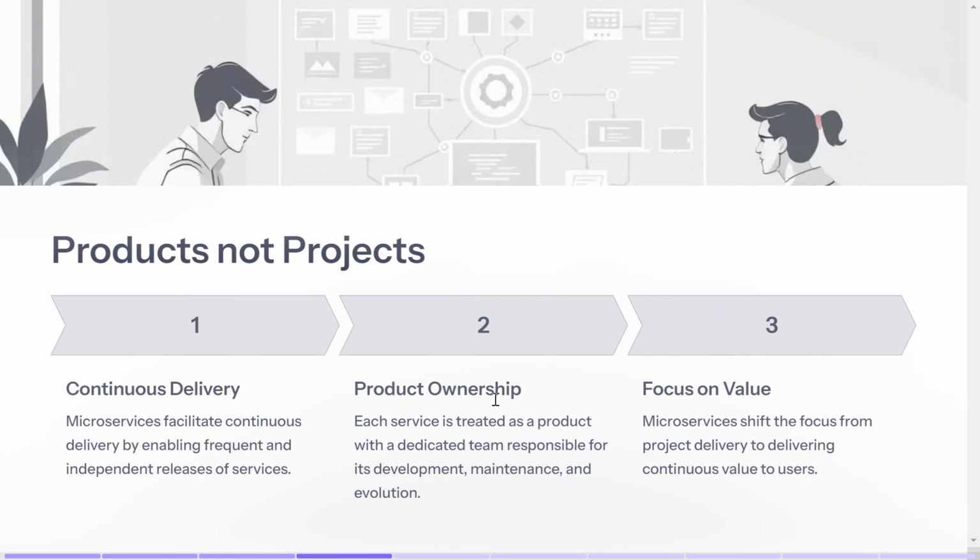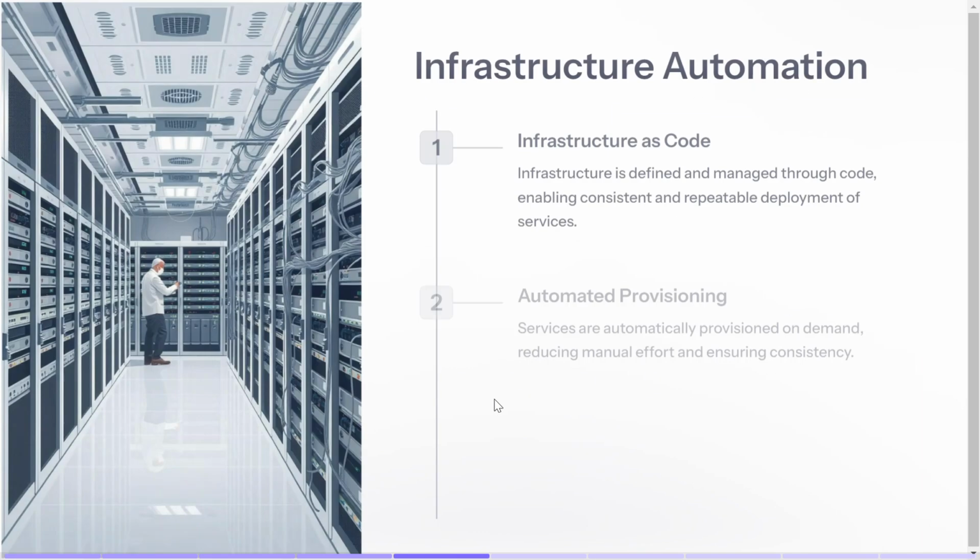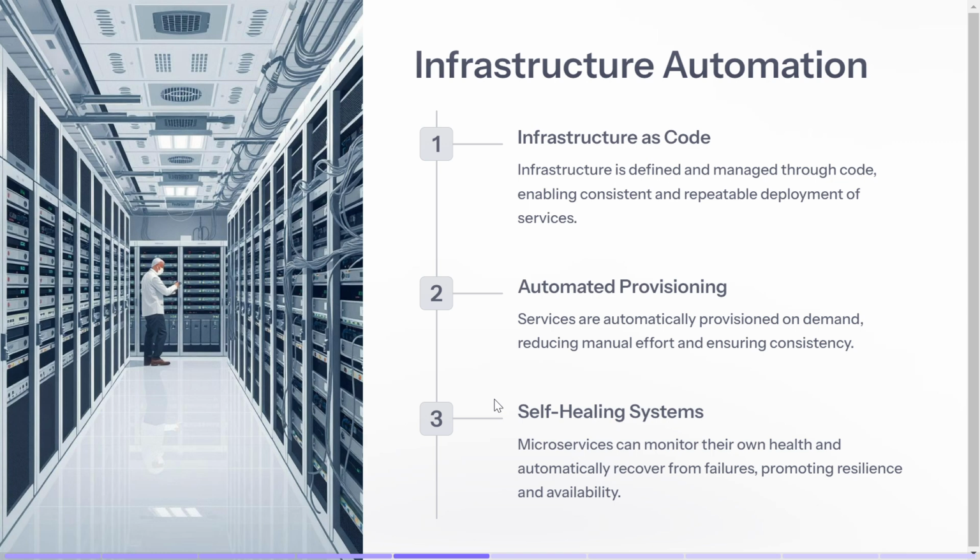And infrastructure automation. In our microservice architecture, as everything is divided, every component has its own business logic. Means every component has its own business layer, presentation layer, and database layer, so it is difficult to push all the things.